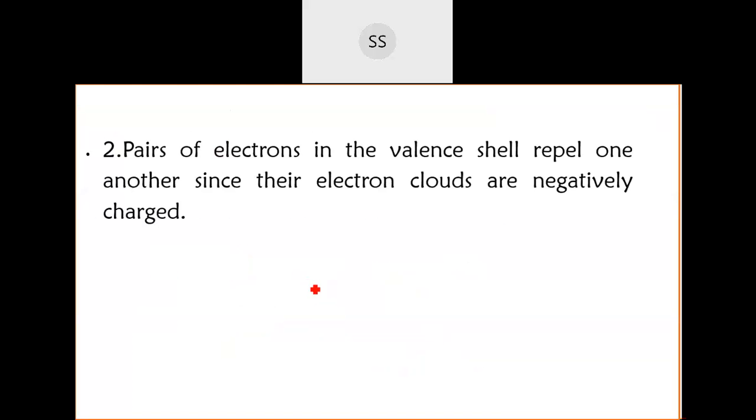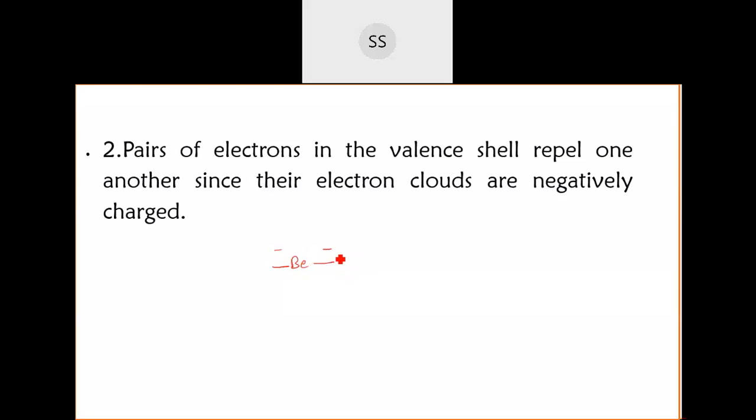The next postulate says that the pairs of electrons in the valence shell repel one another.